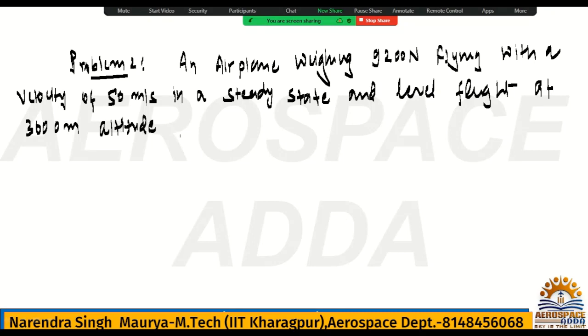Okay, where sigma, what is sigma? It is the density ratio. Okay, remember, rho upon rho naught is given as 0.742. Always remember, this is called density ratio.